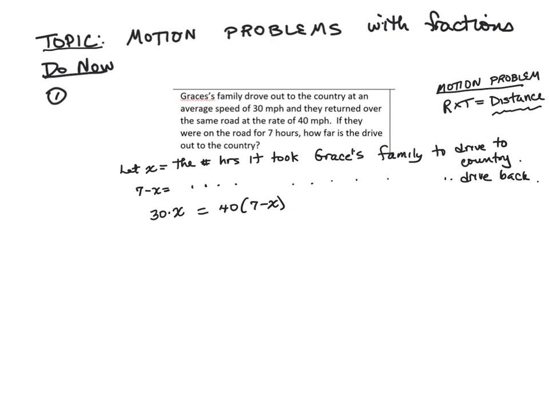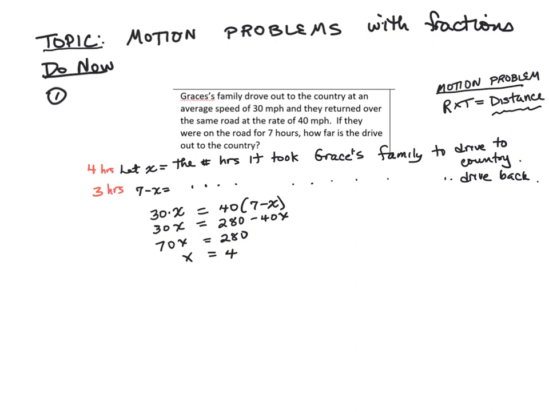So let's do that quickly. If we solve for this, we get 30x equals 280 minus 40x. We get 70x equals 280, and x is 4 hours. So it took Grace's family 4 hours to drive out to the country and 3 hours to come back.